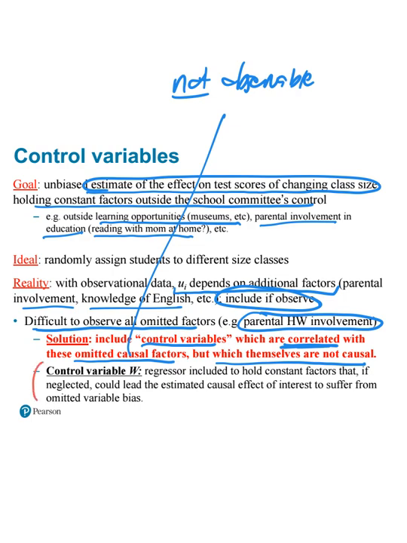So control variables are meant to solve a problem. Right? If we cannot control for ESL learners, if we cannot control for parental involvement at home, we know that these are, number one, variables that impact our dependent variable. Okay, not a problem. But if they are in any way correlated with, so if they have a non-zero covariance with our regressors, then we know we have biased coefficient estimates.